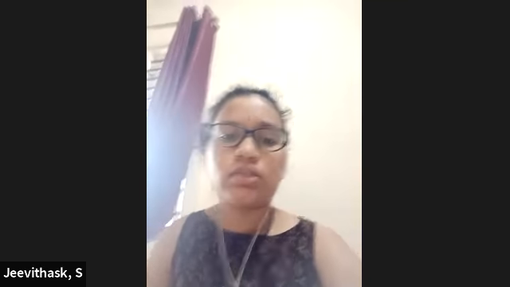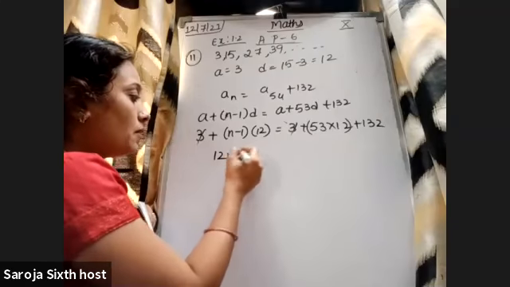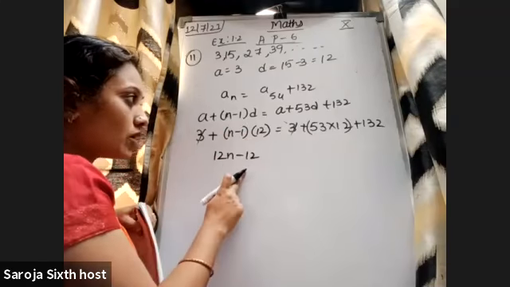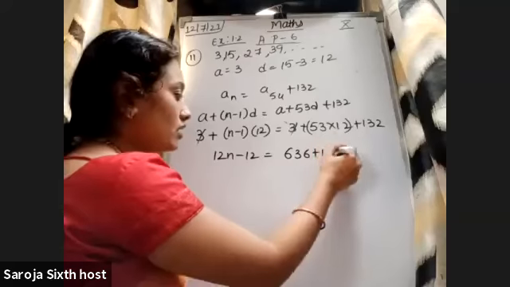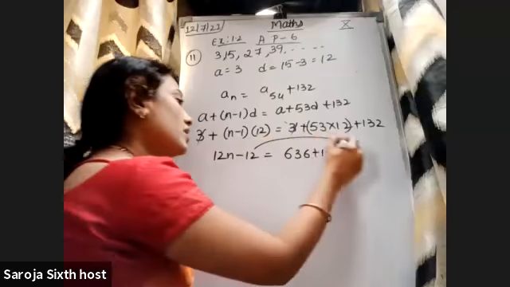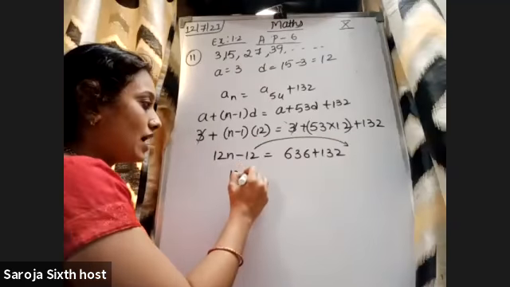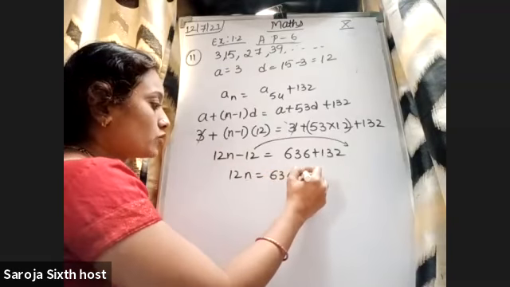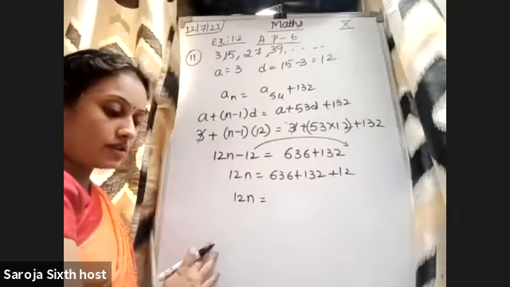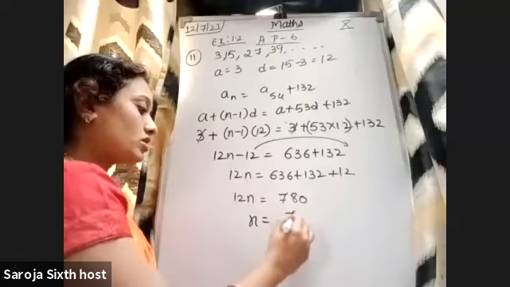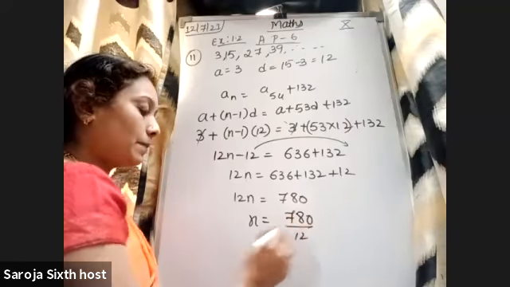Plus 3 minus, so 12 into n is 12n, minus 12 into 1 is 12. 53 into 12 is how much, students? 636. So 636 plus 132. I will shift this minus 12 to this side. So 12n is equal to 636 plus 132 plus 12. When you add this, what are you going to get? 780. So n is equal to 780 divided by 12.